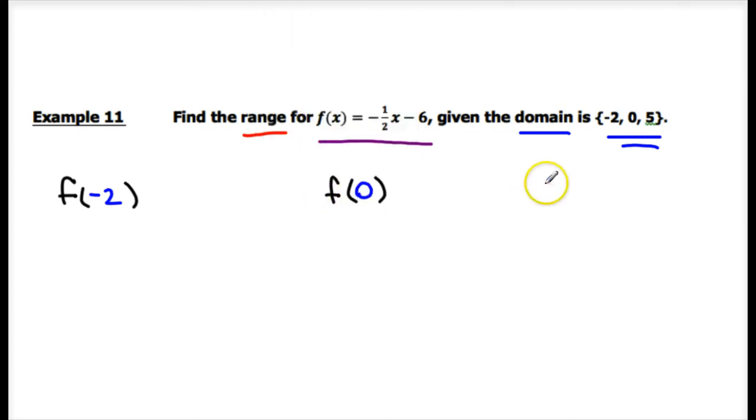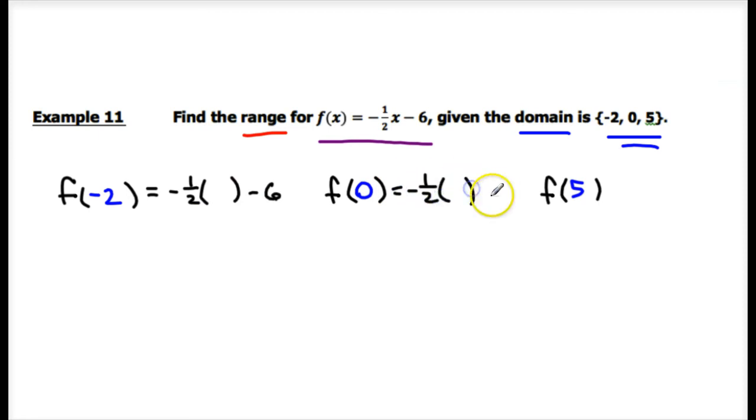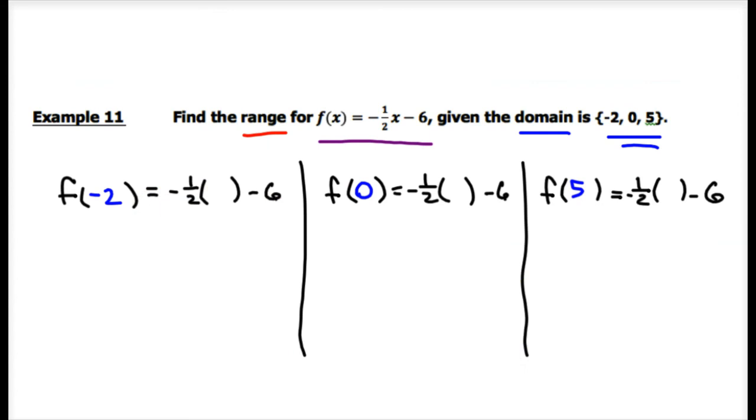And then I'm going to find f of my last input, which is 5. So every single time we're going to take -1/2 times the input value minus 6.